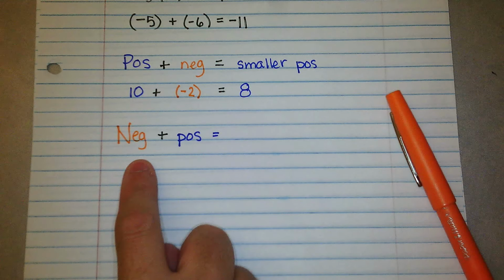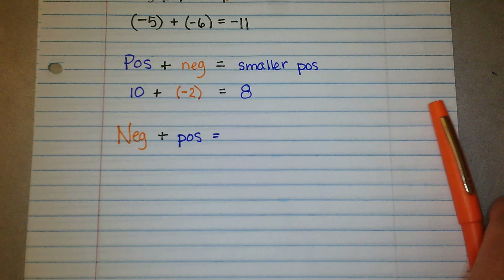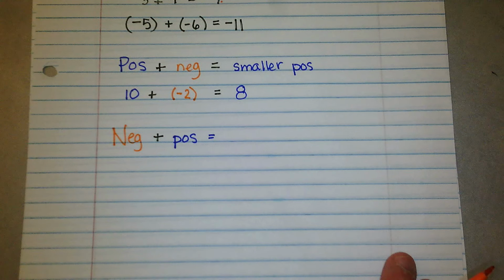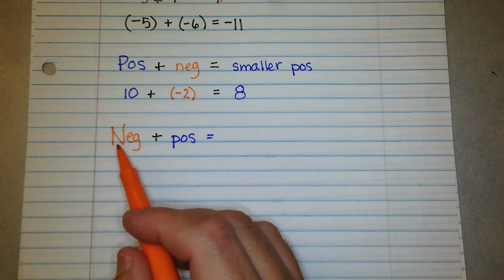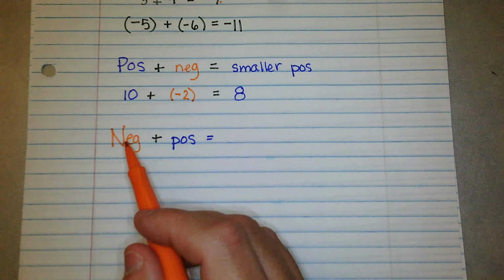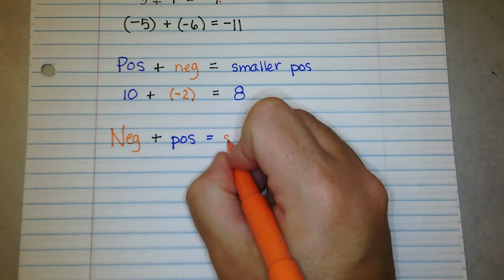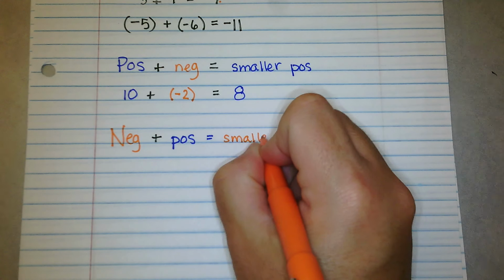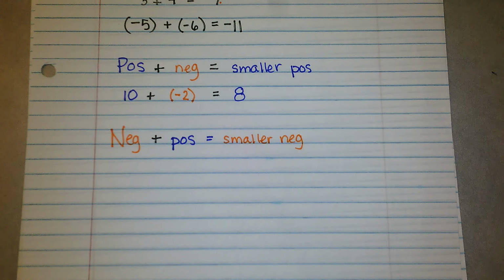So if I have more negatives show up to the fight than positives, then I'm going to end up with negatives at the end. Negatives are going to win, but the positives aren't going without a fight. So that means that there's going to be less negatives than what started, but it'll still be negative as the outcome. There'll just be less of them.